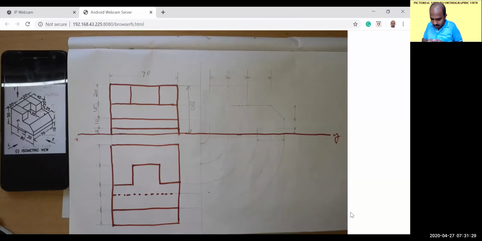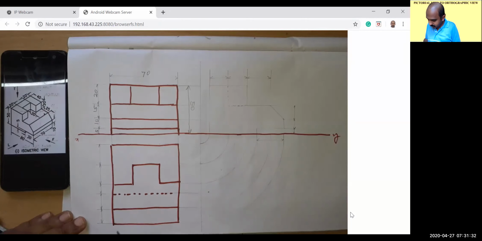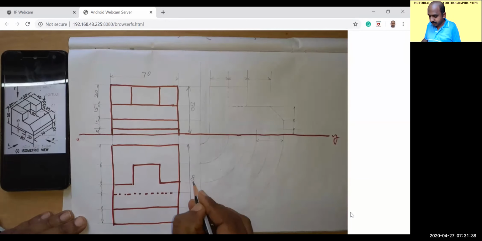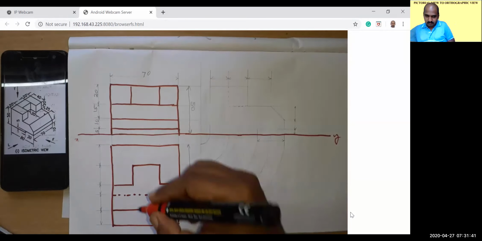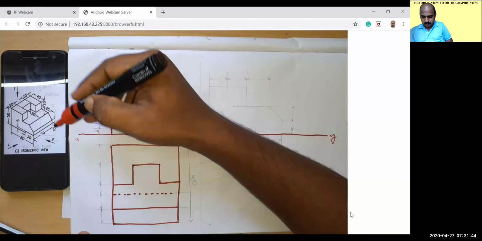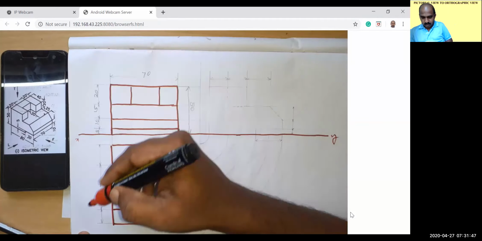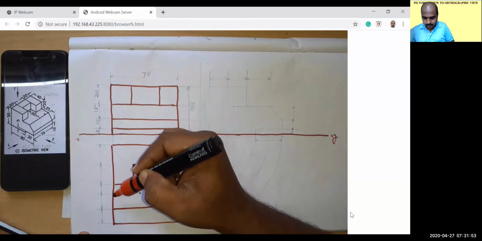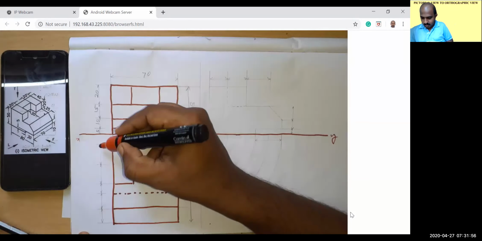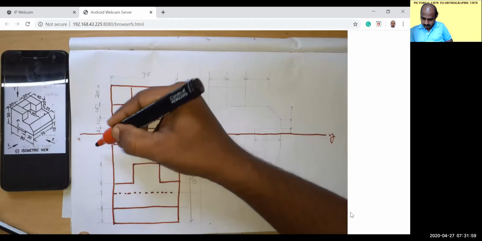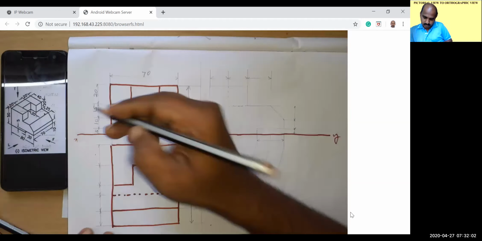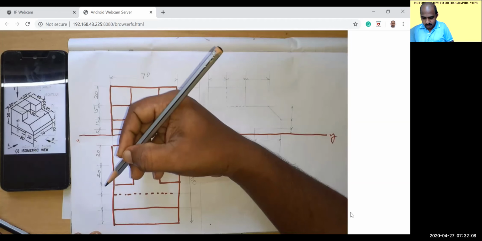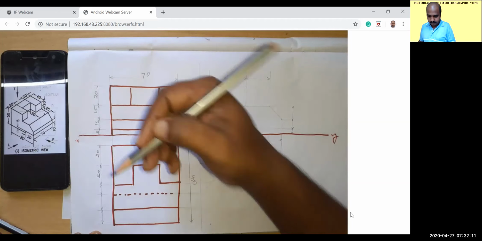So you can give dimensions. This is equal to 70 and this is equal to 80, and different dimensions. What does this length represent? This is equal to 30 up to this point, and this is equal to 50. So this is your 20, and this is 20 again, and another dimension total.